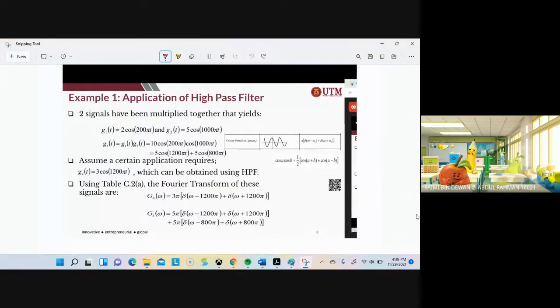So if you have good trigonometric knowledge from secondary school, in Malaysia you have studied trigonometry since your SPM, it will help you to solve the question a bit faster, rather than keep on looking at the table. So here is the trigonometry, and this is actually from the table. Two signals have been multiplied together that yields G1, G2, and G3.